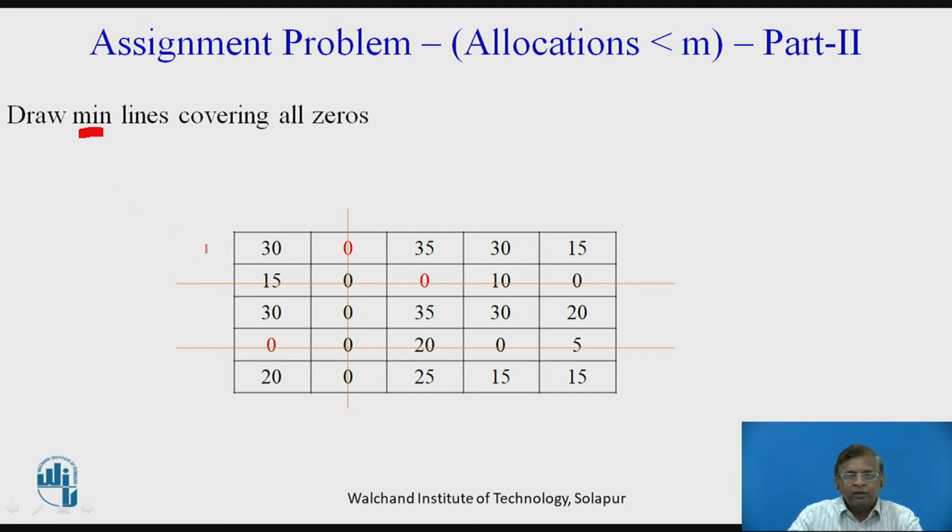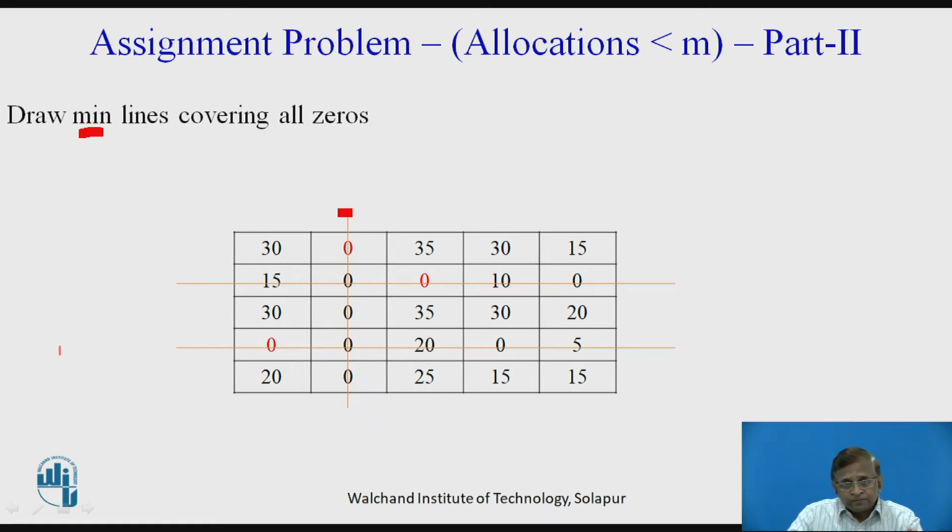Now here in a 5 by 5 table, any row or column may have at the max 5 zeros. This particular second column has 5 zeros. So that is the line we prefer first, and we draw that as the first line covering 5 zeros.